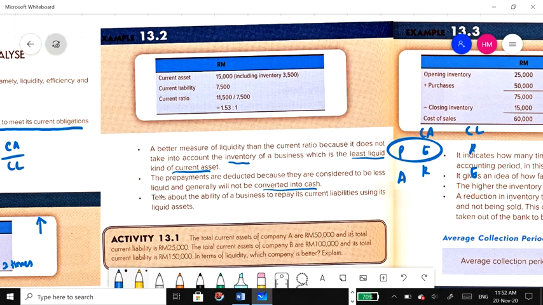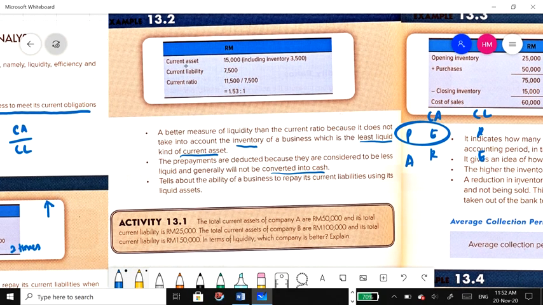Okay. So cara you nak buat. Okay, dia kata kat sini. Example kat sini dia kata. Current asset 15,000 ni include inventory 3,500 and current liability you ada 7,500. So, current ratio untuk acid test or quick ratio equal to 15,000 tolak dengan 3,500.